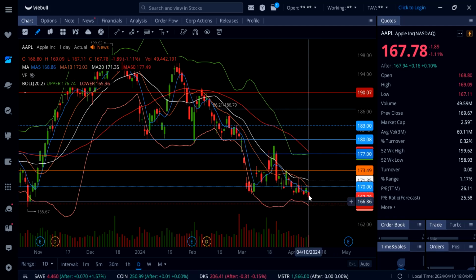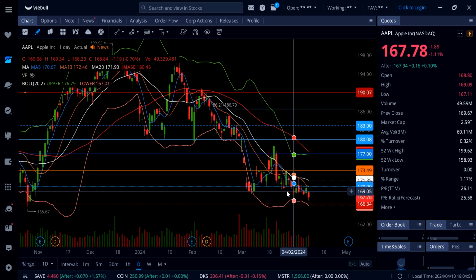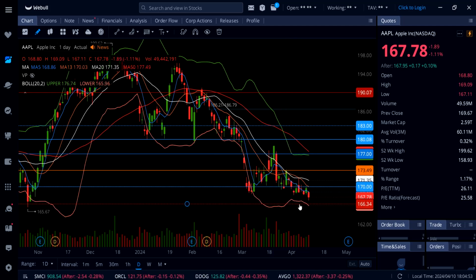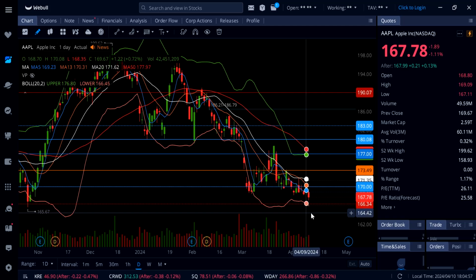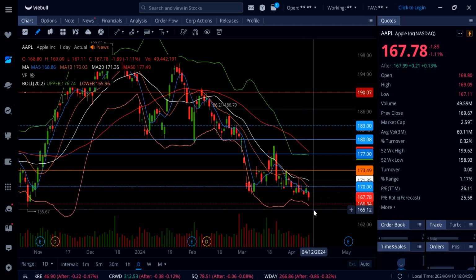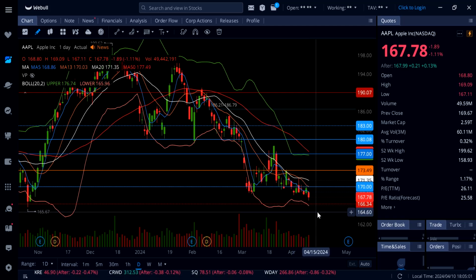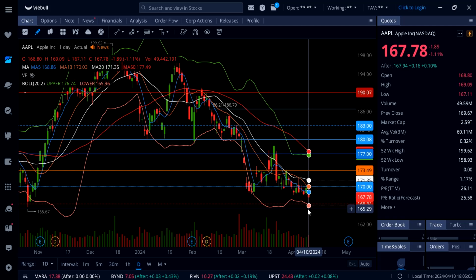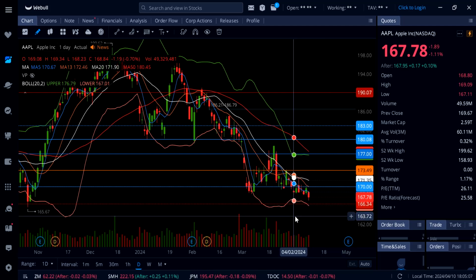Any bounce on Apple stock is short-lived, and now this thing is trading near this bottom, 166 to 165, and that can come as early as tomorrow morning, which is a great opportunity if you're buying Apple shares at this price, especially if you're thinking long term.